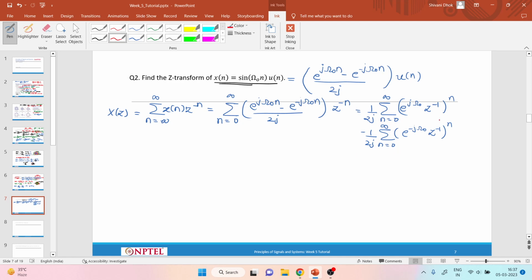So the first term here is an infinite geometric progression, and therefore we can write it as 1 upon 1 minus e power j omega naught z inverse, and this will converge when magnitude of e power j omega naught z inverse is less than 1, that is magnitude of z is greater than magnitude of e power j omega naught, which is equal to 1.